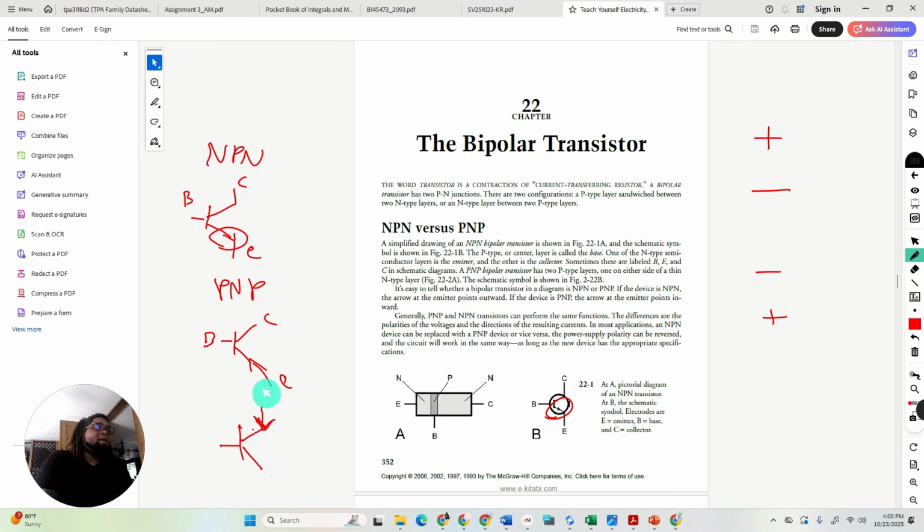So you're able to keep your circuit like this, and you just flip your transistor. You'll see them very commonly just upside down like that. So let's scroll through some of the next pages here.